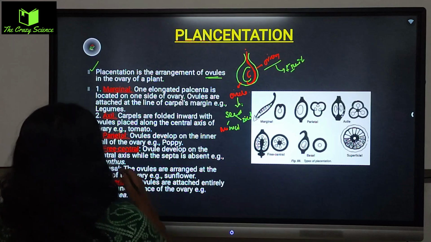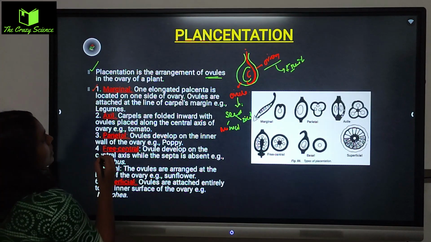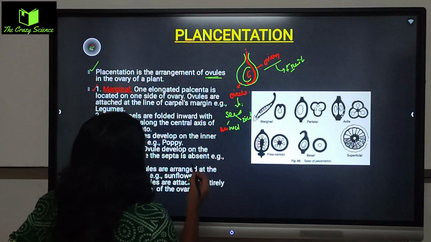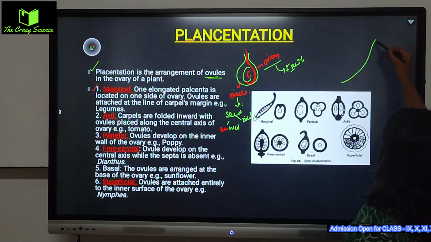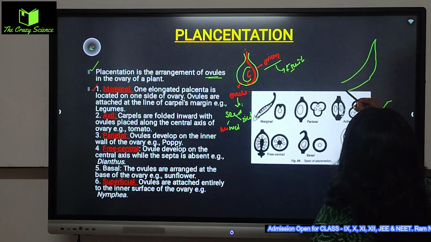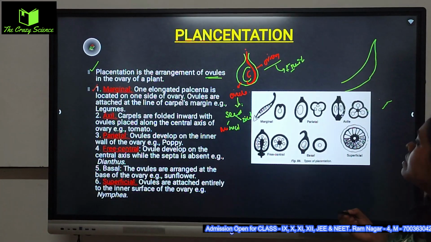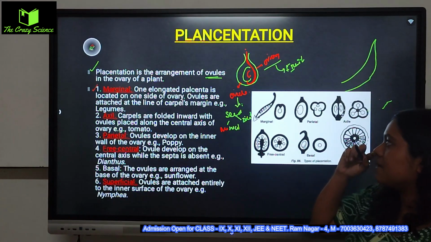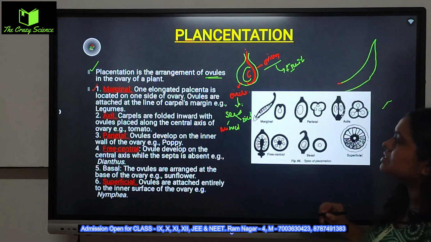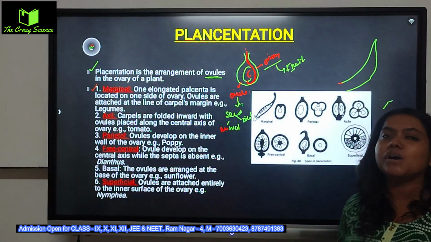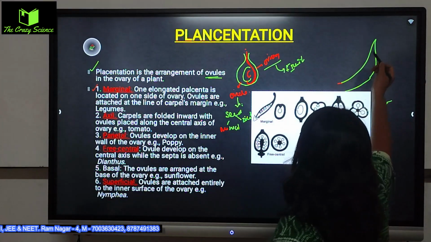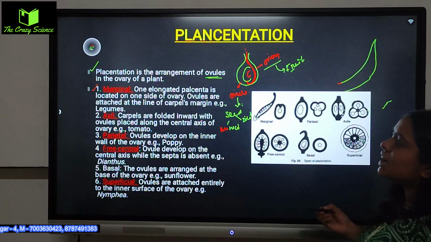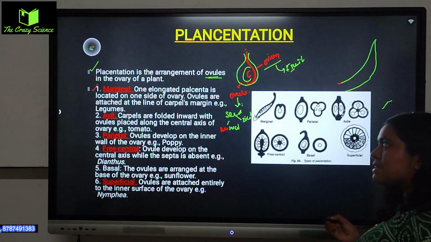The first one is marginal. Marginal means one elongated placenta is located, just an elongated placenta, looking like this, located on one side of the ovary. And ovules are attached along the line of the carpel's margin.